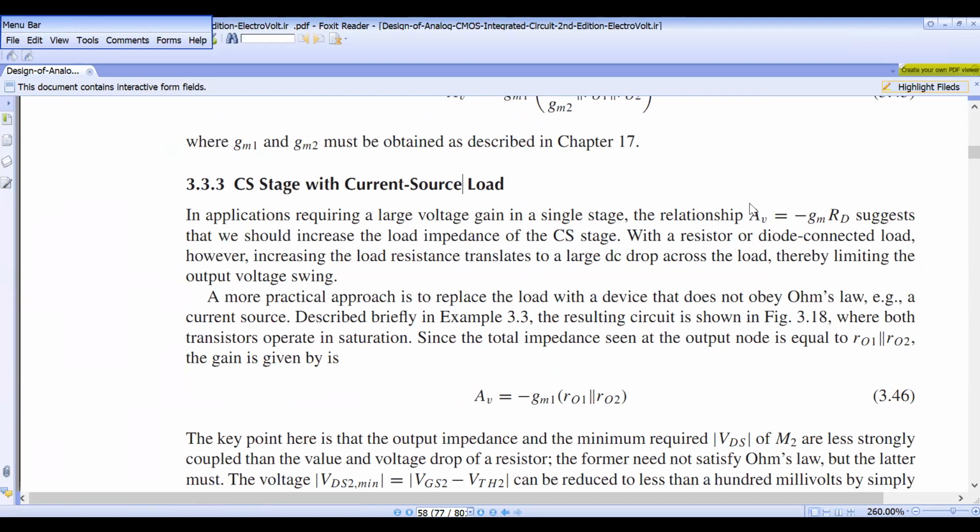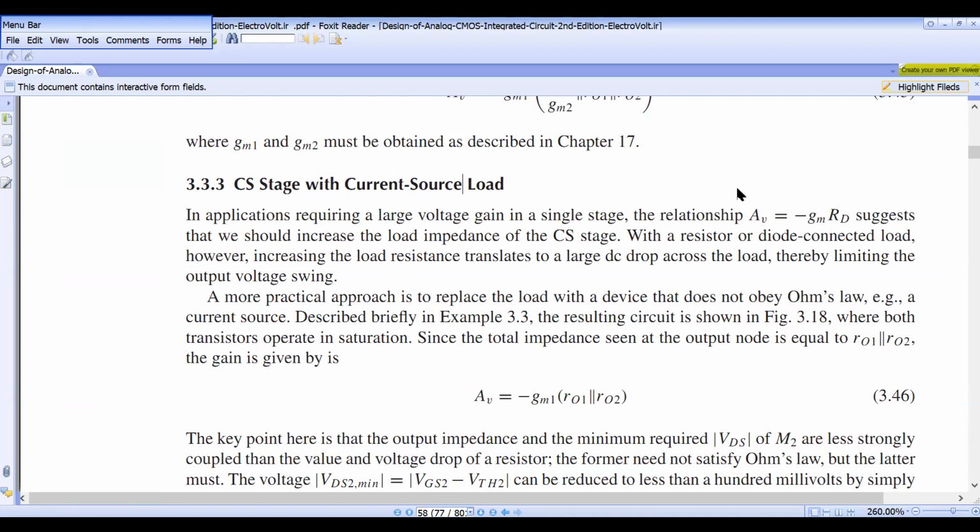From this equation, if you want to increase AV, RD must be more. With the resistor or diode connected load, however, increasing the load resistance translates to a large DC drop across the load. So what happens if RD increases? AV increases, but your output voltage decreases, since the output voltage is VDD minus RD into ID.